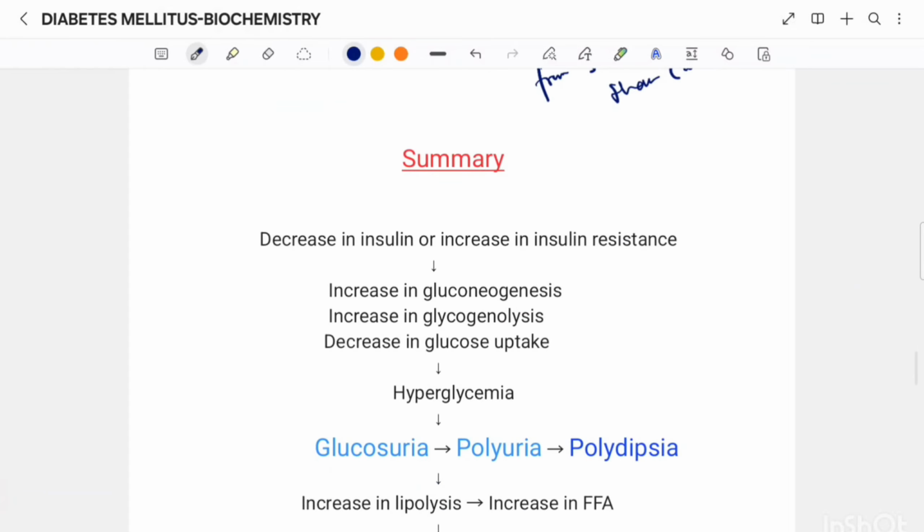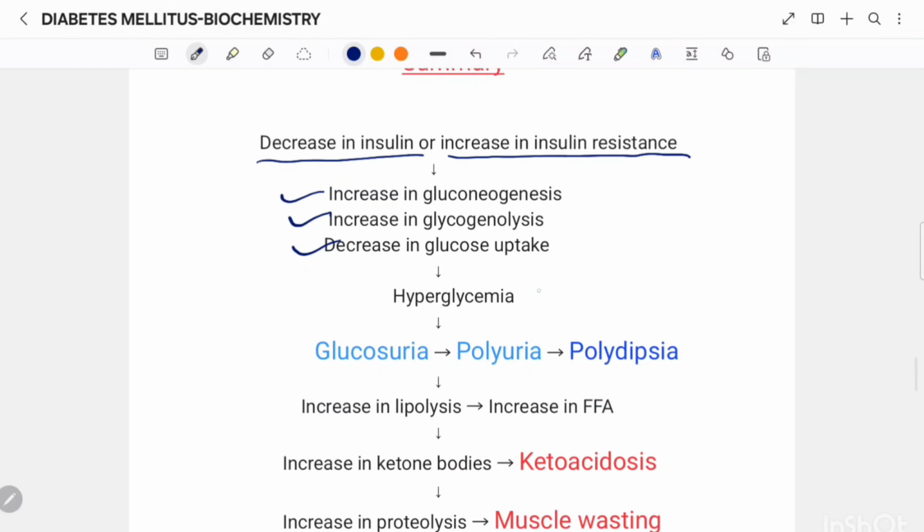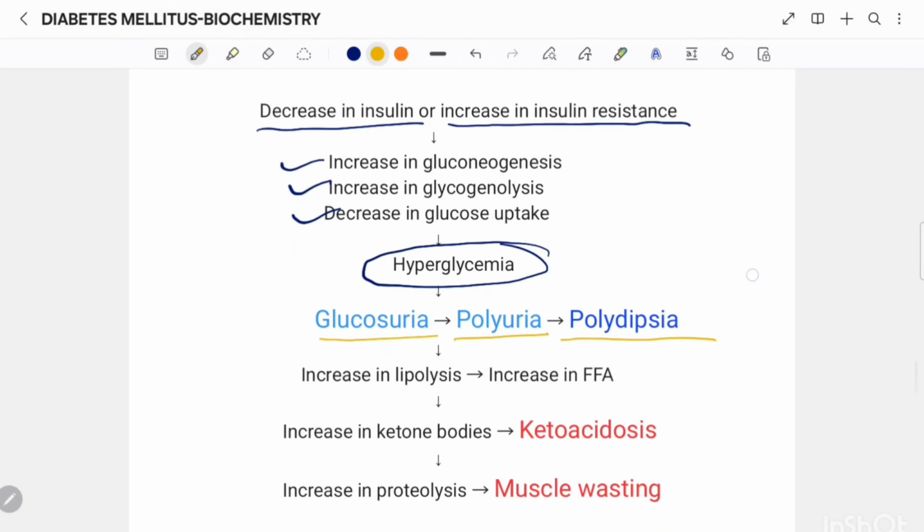So we have discussed in diabetes mellitus there will be two things: either there is a decrease in insulin or there is an increase in insulin resistance, which may lead to increase in gluconeogenesis, increase in glycogenolysis, and decrease in the glucose uptake, resulting in hyperglycemia. Hyperglycemia may further cause glucosuria, polyuria, polydipsia.